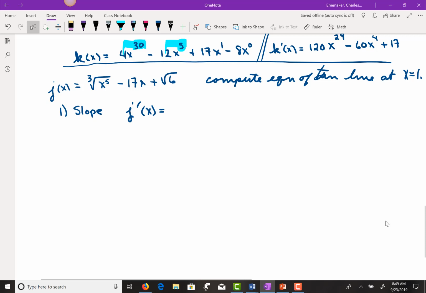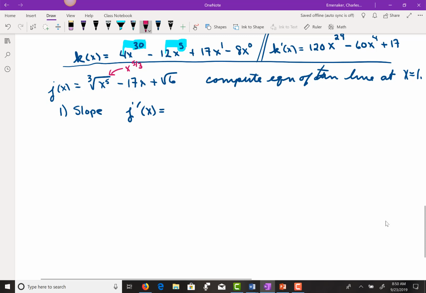Well, gosh, Chuck, I don't know how to do the derivative of the cube root of x to the fifth. Well, as soon as you use some of your algebra to rewrite that, in fact, we can rewrite that as x to the 5/3. Does that make sense that that's x to the 5/3 power? Oh, wow.